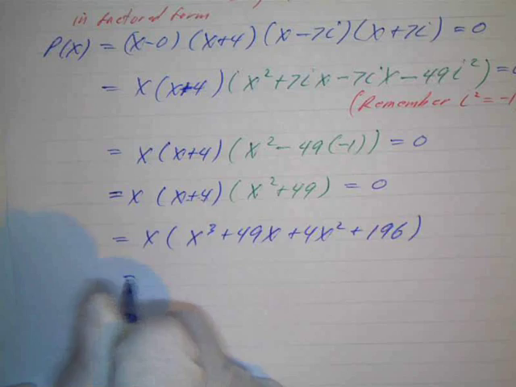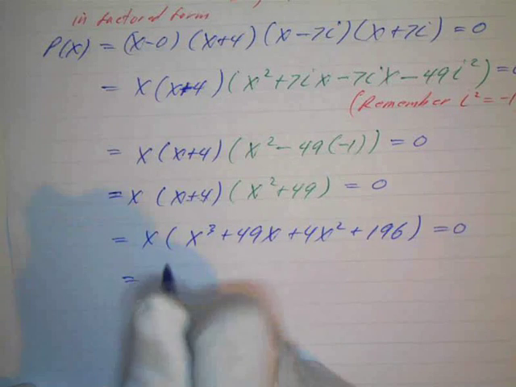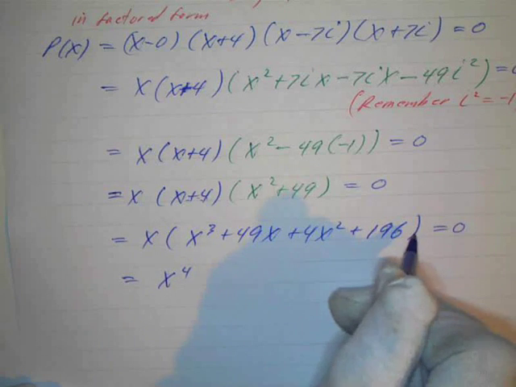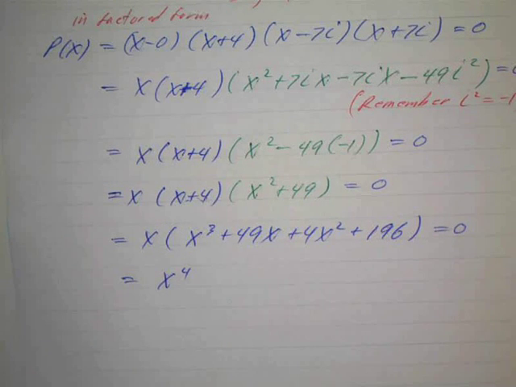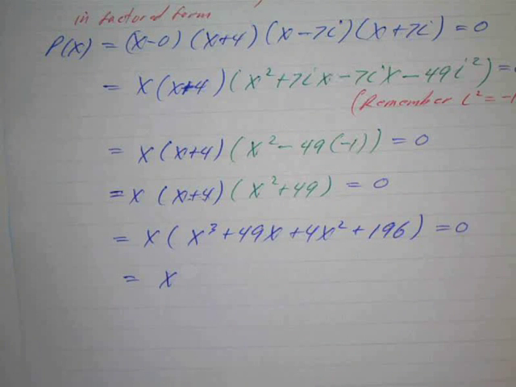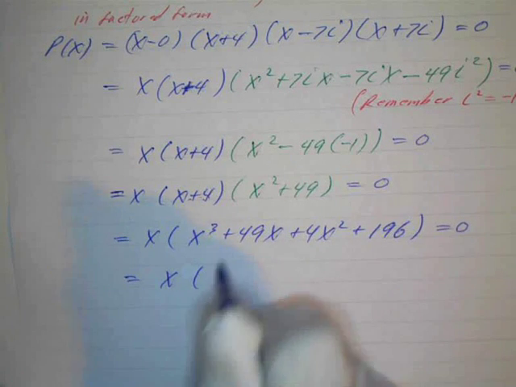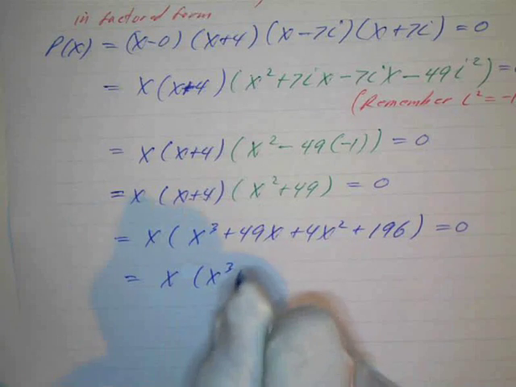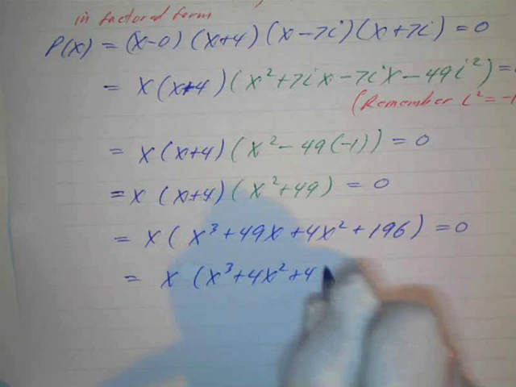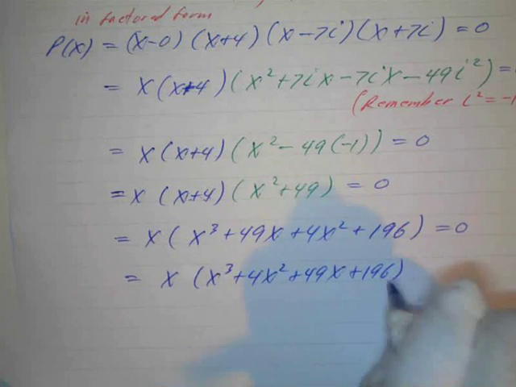Okay, and then we can multiply everything by x. Oops, I should write this in descending power first of all. Let me do that step by step. So I've got x, and then I'll write this in descending power: x to the 3rd plus 4x squared, plus 49x plus 196, and then I'll multiply out.